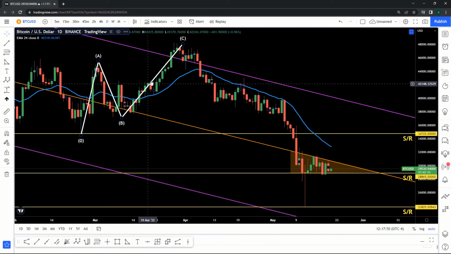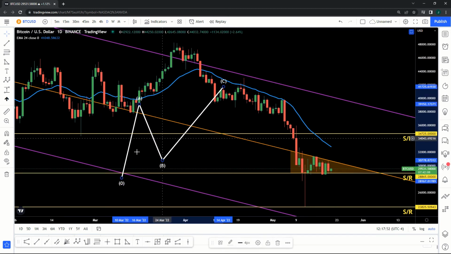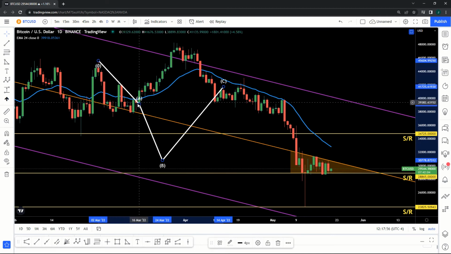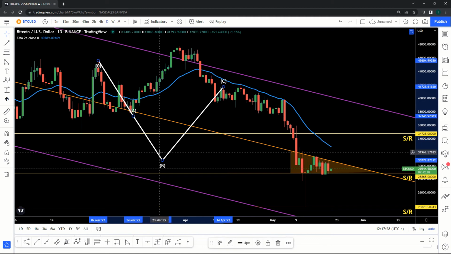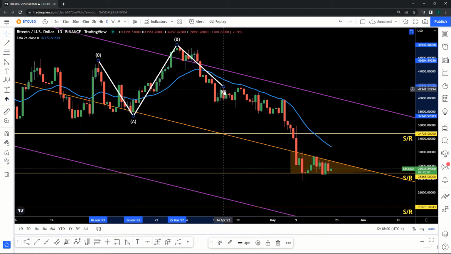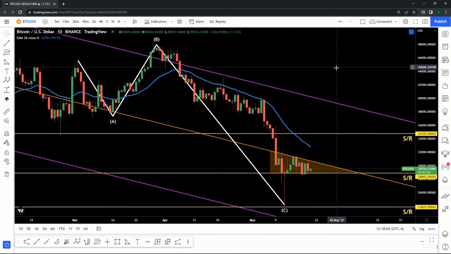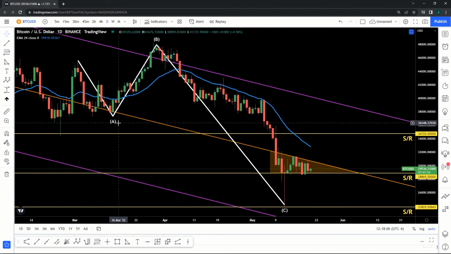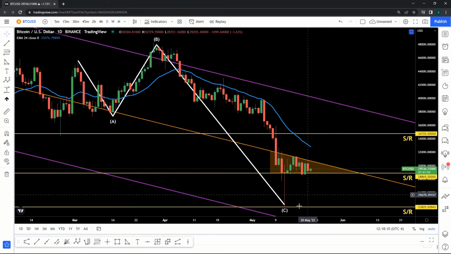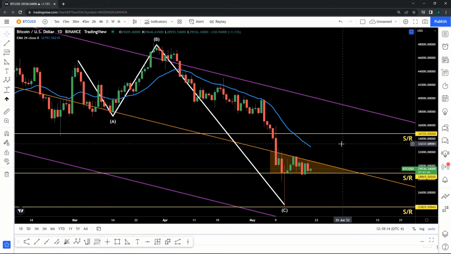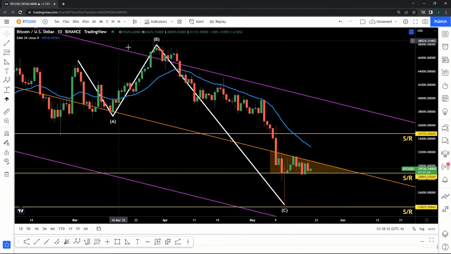And then if we reset it, right? So now we have the swing high to swing low to swing high to swing low, right? Then based on this pattern, the next leg is a bullish move towards the upside, right? Again, this is at the daily time frame.